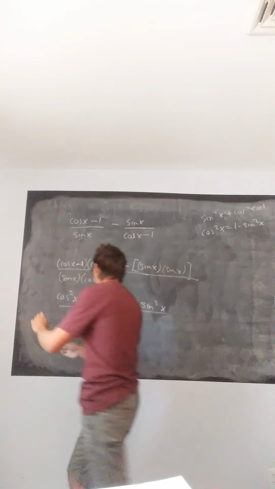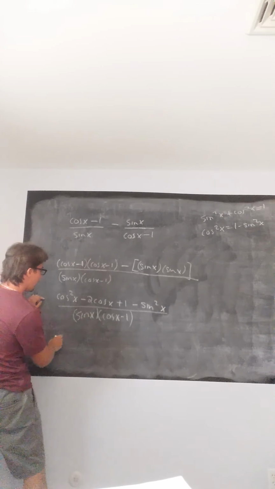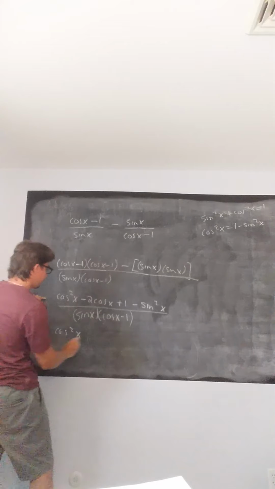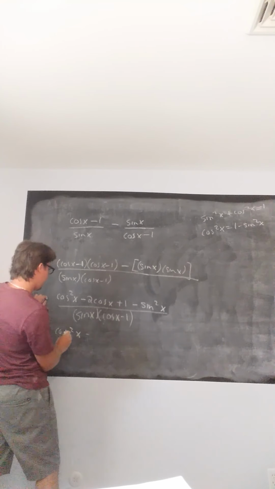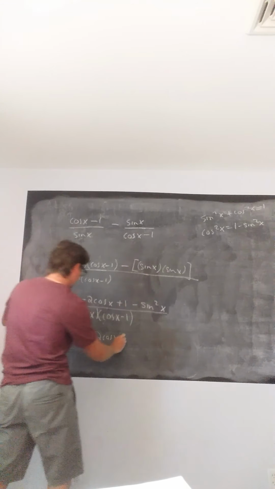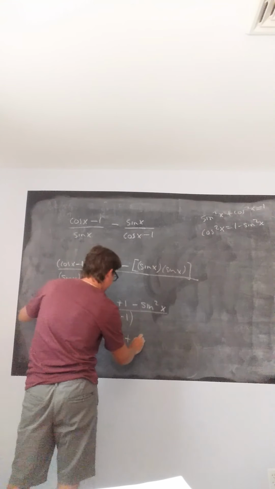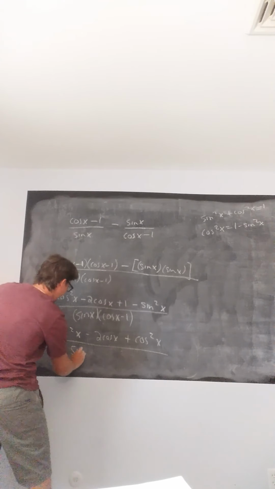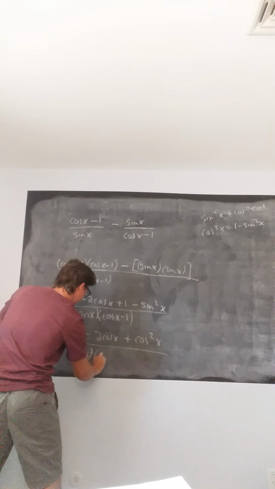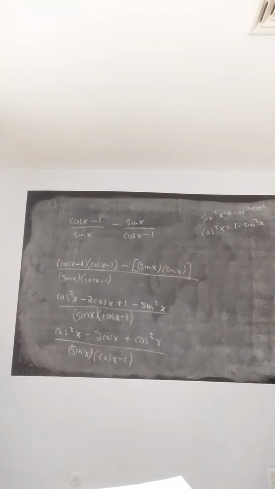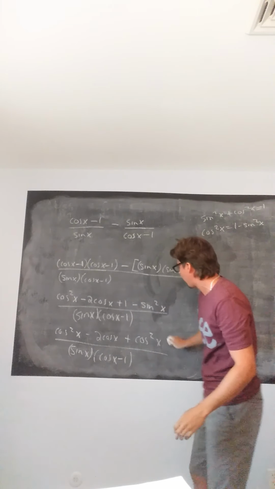So here we go. We're going to have now cosine squared x minus 2 cosine x plus cosine squared x over the common denominator of sine x times cos x minus 1. Okay? So hope you followed that.